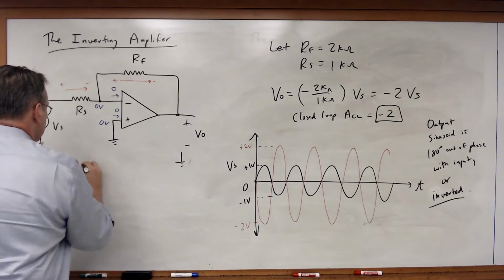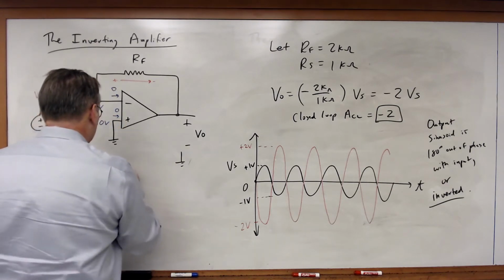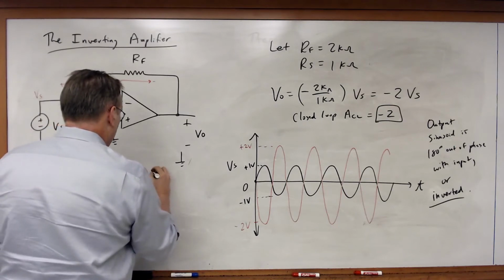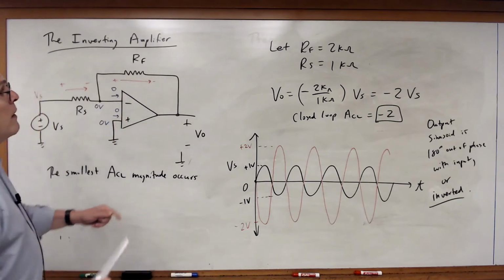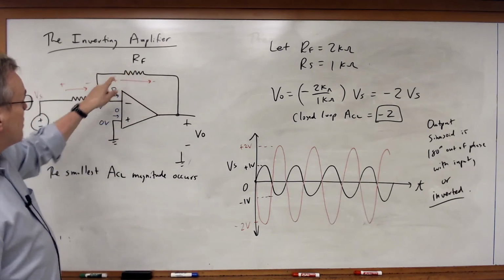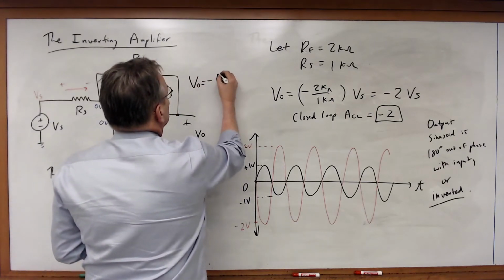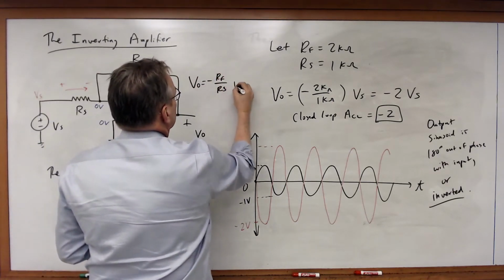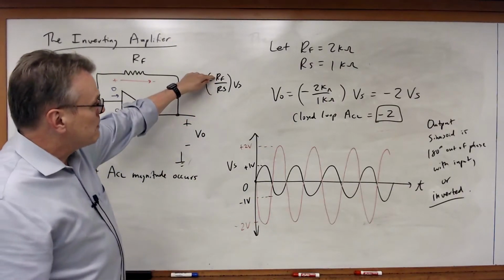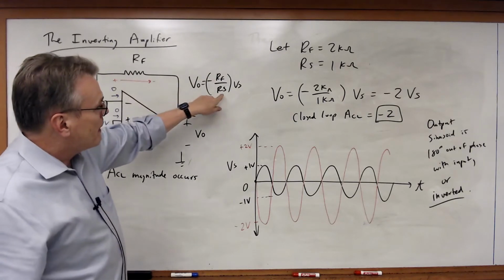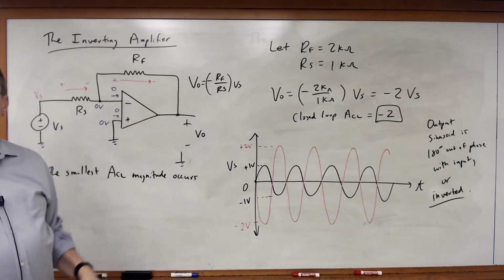Well, the smallest closed loop gain magnitude in this case occurs if RF is equal to 0 or RS is equal to infinity. So remember, VO is equal to minus RF over RS times VS. So if I make RF 0, make it into a wire, or make RS infinity, open circuit, then my output voltage becomes equal to 0.